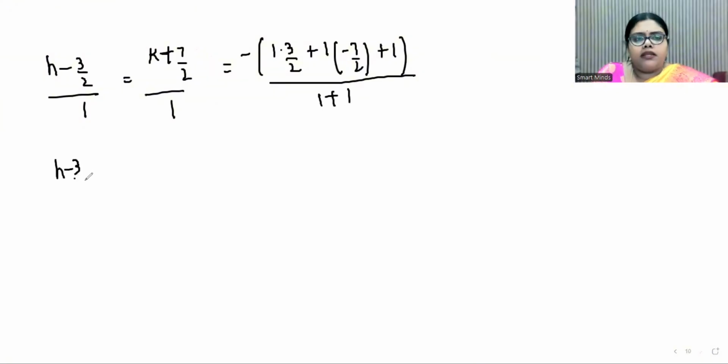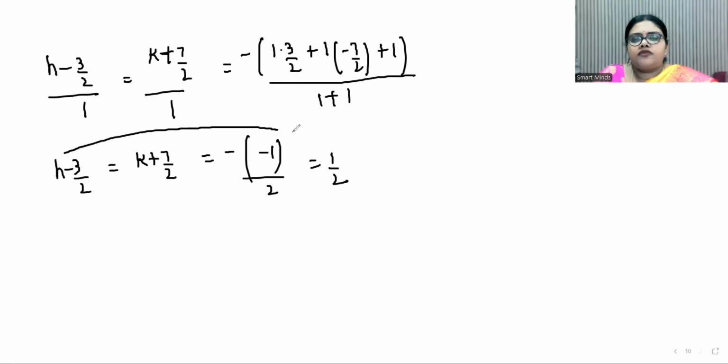So h minus 3 by 2 is equal to k plus 7 by 2 is equal to minus of minus 4 by 2 is minus 2. Minus 2 plus 1 is minus 1. Minus 1 by 2. That is 1 by 2.